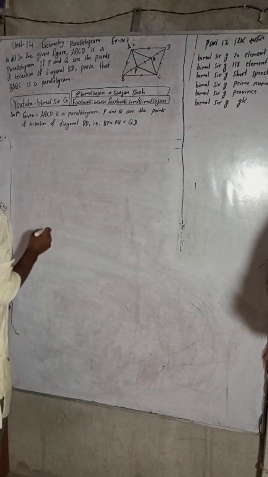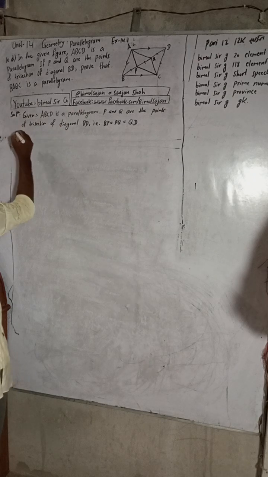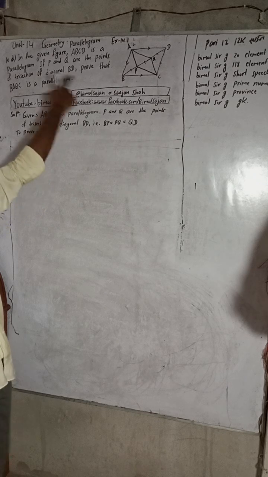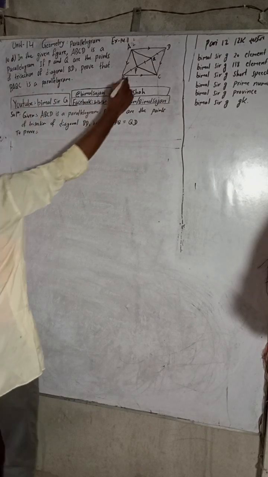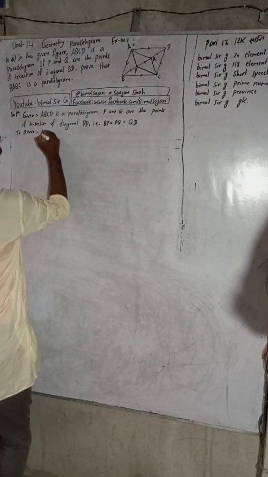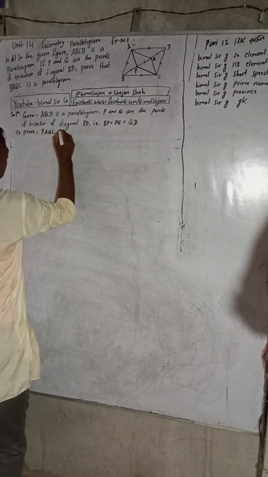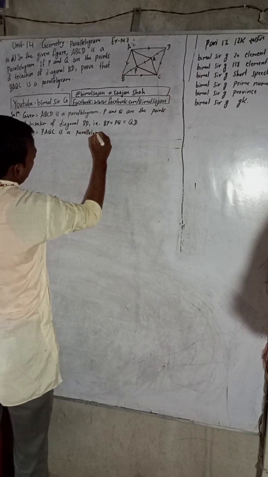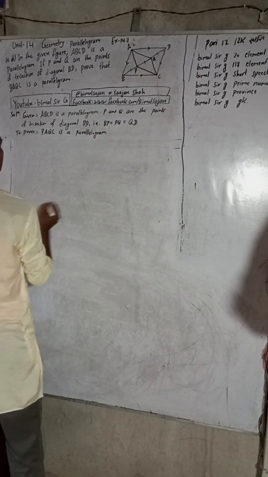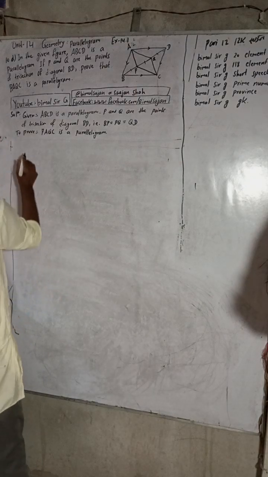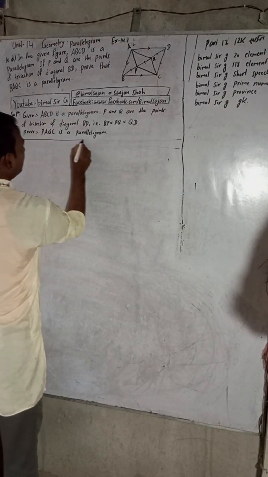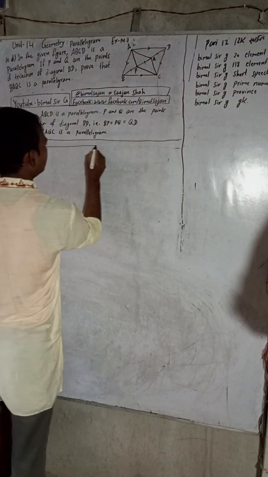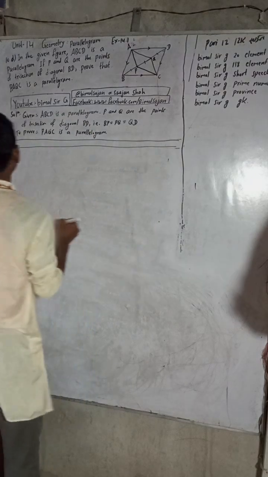Now, to prove: PAQC is a parallelogram. If possible, you can draw this table, because most of you prefer the table, and it also gives a good look to this solution.